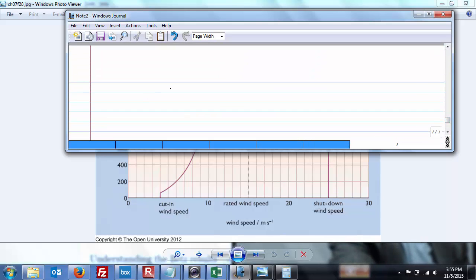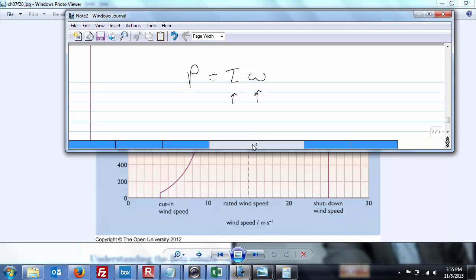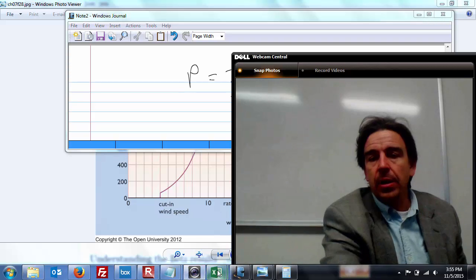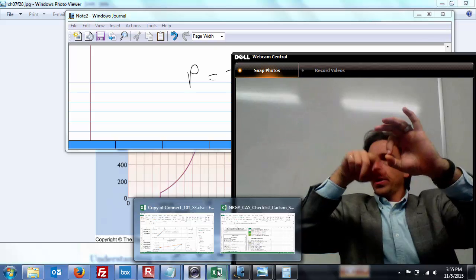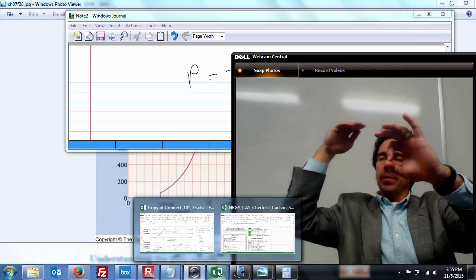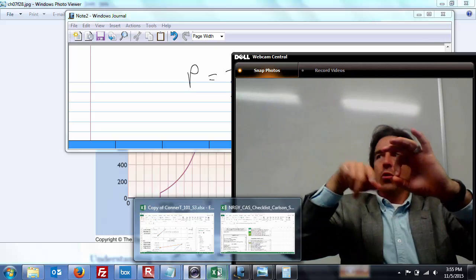So the thing to keep in mind is this: power equals tau omega. Okay, so the thing is spinning faster and faster and faster, but there's not really any more torque on it. So think about sitting on your bicycle and you're pedaling, and now you get on a big downhill and you keep trying to pedal.